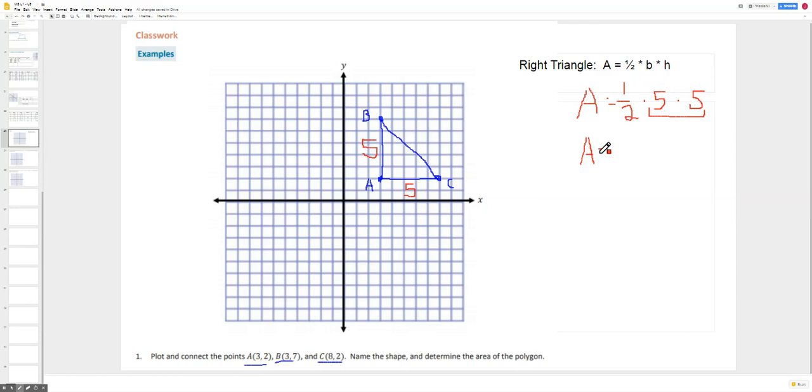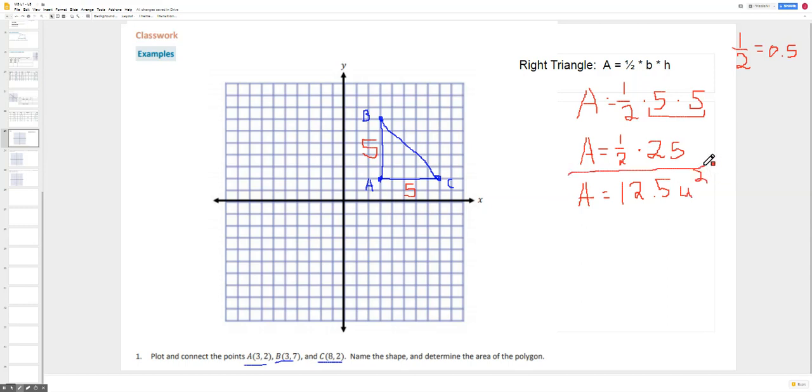I want to keep my decimals and my fractions until the very end, so 1/2 times 25. Of course we're using a calculator, so just a quick reminder, 1/2 on a calculator is equal to 0.5. So keep that in mind as you're going through this. And now I do the multiplication of 1/2 of 25. Well, half of 25 is 12.5. And of course we're talking about units squared.